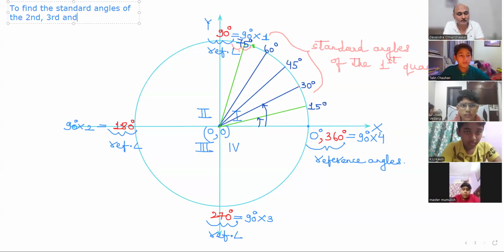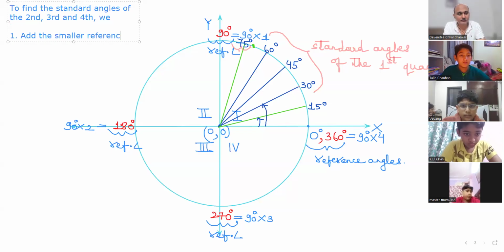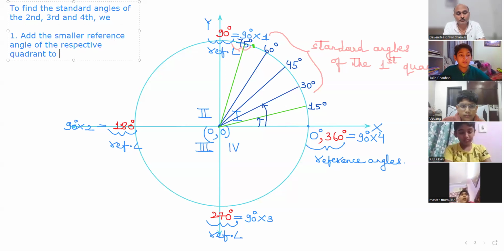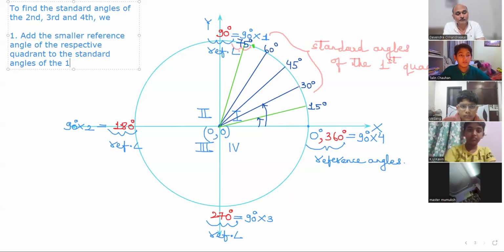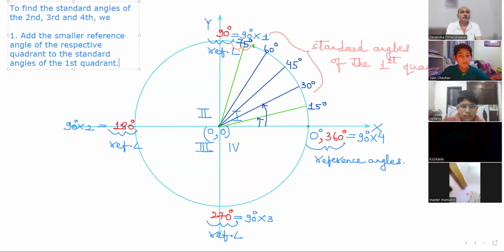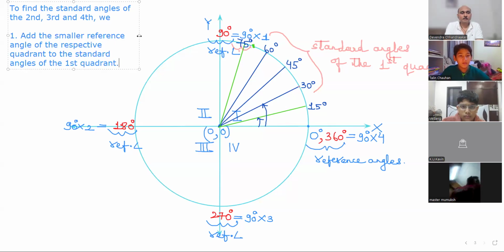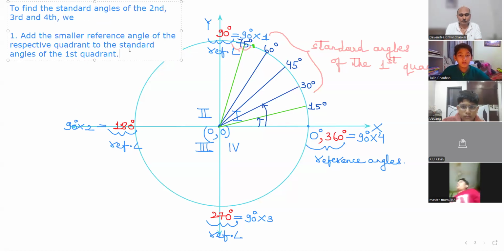So for the second, third, and fourth quadrants, if we want to find the standard angles, what we do is, first, add the smaller reference angle of the respective quadrant to the standard angles of the first quadrant.